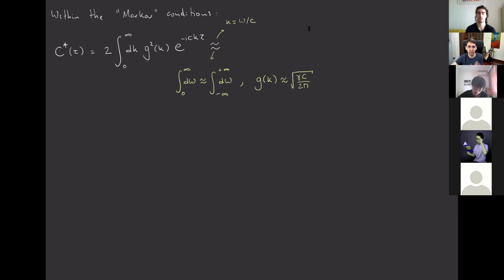So then at this level of approximation that we used for the master equation, we get a very simple correlation function for the environment, which looks like this. Okay, and what is this? This is just 2 times gamma, the delta function of tau.